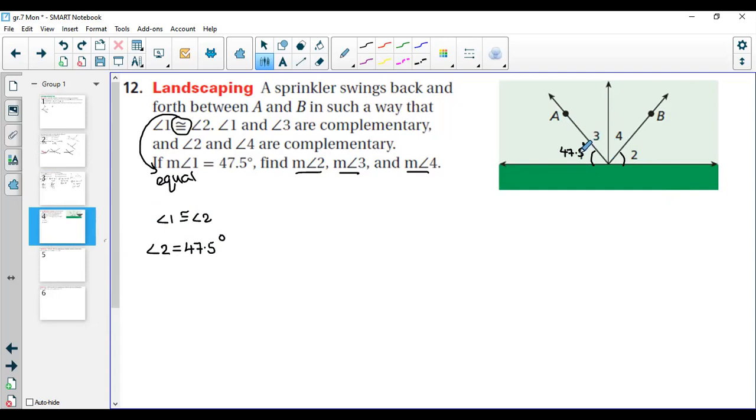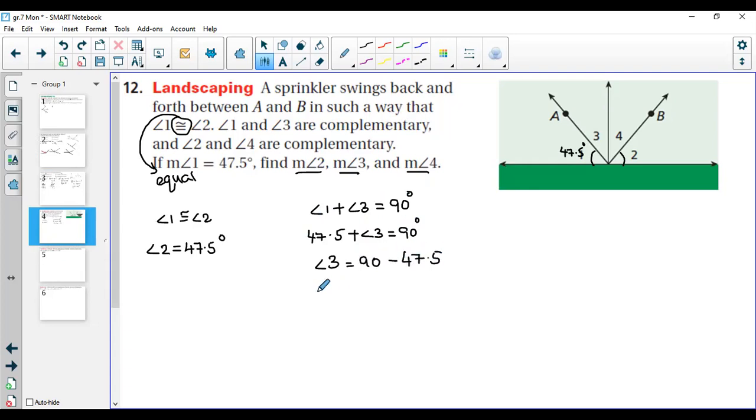Now angle 3, they said angle 1 and angle 3 are complementary. So angle 1 plus angle 3 should equal 90 degrees. Angle 1 we already know is 47.5. I don't know what angle 3 is, so I leave it like that. So angle 3 is going to be 90 minus 47.5.